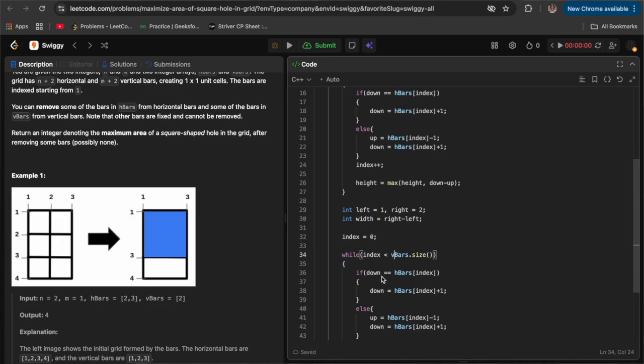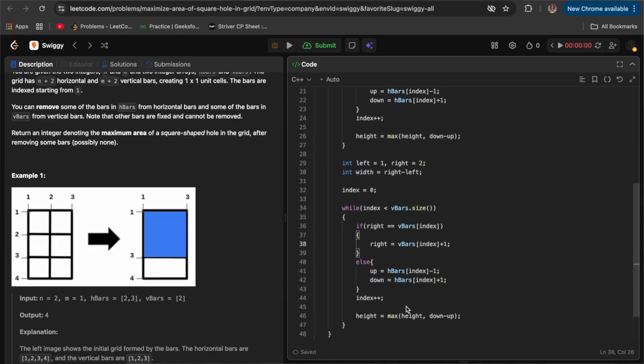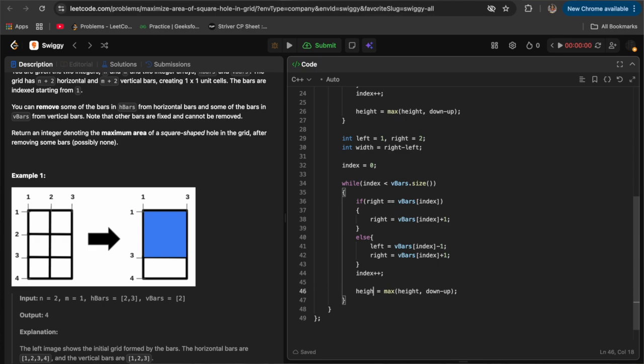And if my right and v bar at that index are both equal, then update my right to the v bar at that index plus 1, because I remove that bar and take the next bar. And if it's not that case, then take left equal to v bar minus 1, and right equal to v bar plus 1, then again index plus plus, and I'm doing this for width.